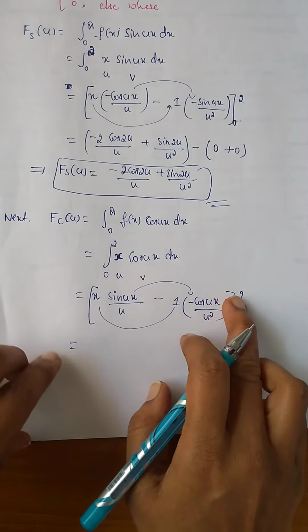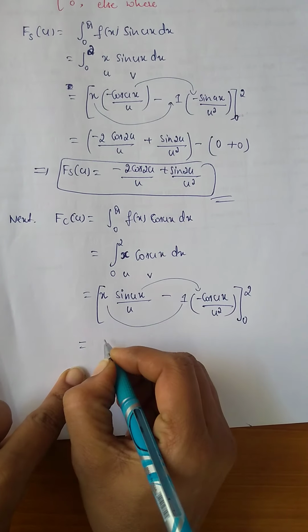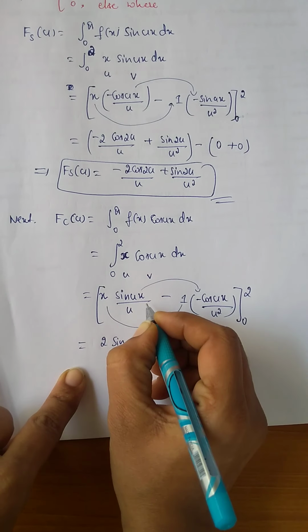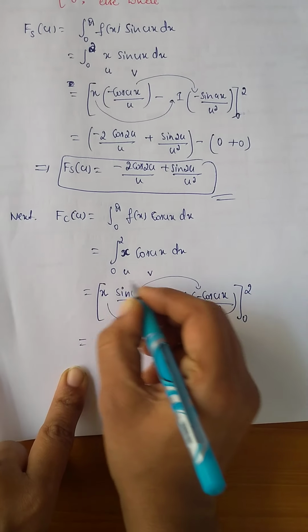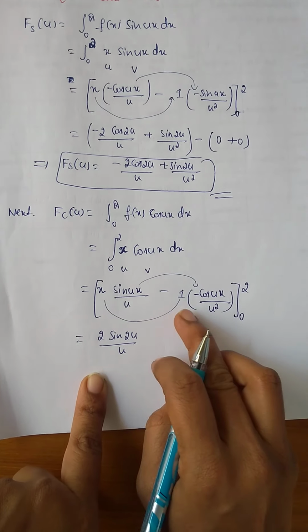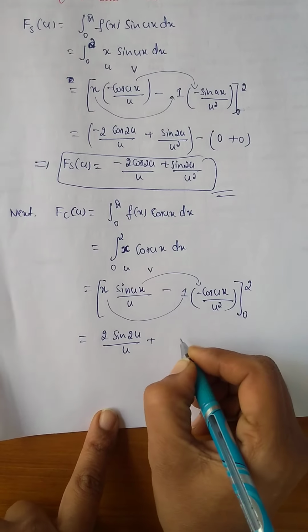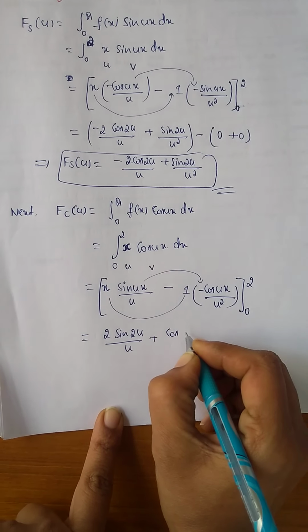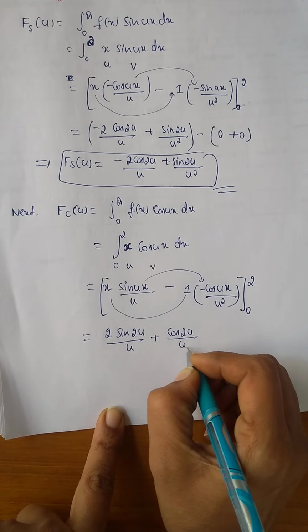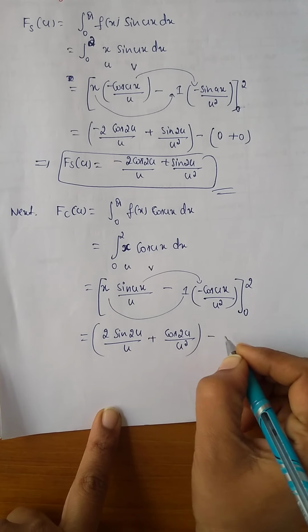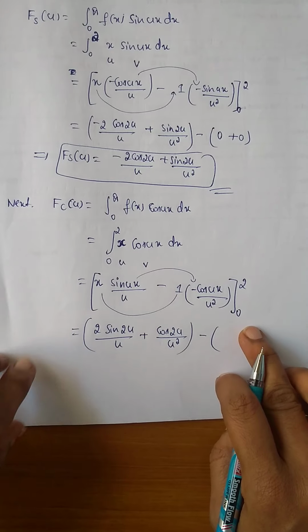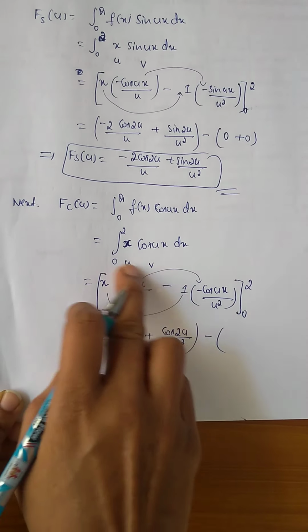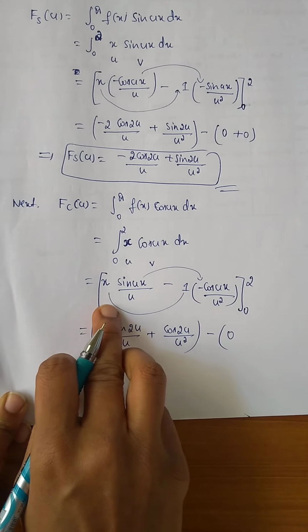If you replace x by 2, the first term becomes 2 sin 2u by u. This is the upper limit for the first term. And minus into minus is plus, the second term: cos x replaced by 2 gives cos 2u by u square. This is the upper limit. Minus, substitute the lower limit, which is 0. If you replace x by 0, the entire first term is 0.